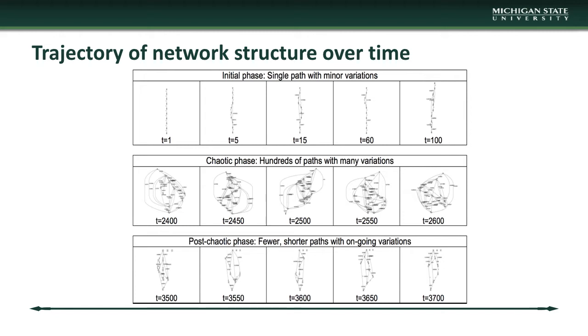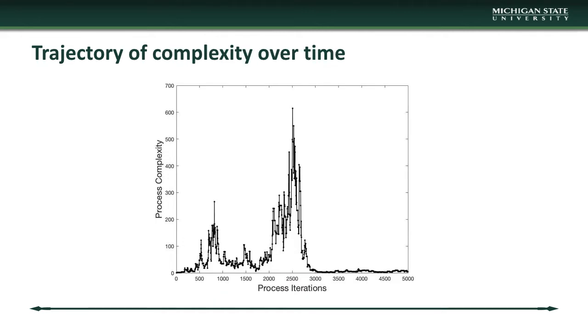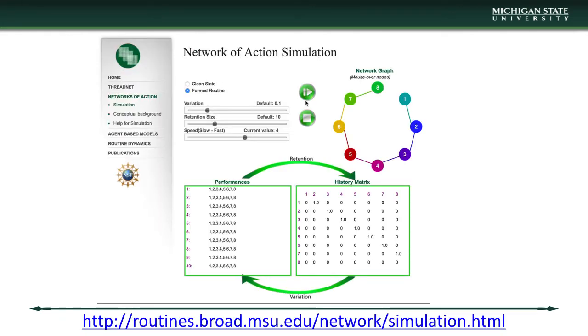In this particular simulation, we were interested in tracking the complexity of these network structures over time. And what's interesting is that, just through endogenous change, you can get dramatic changes in complexity. It's really quite remarkable. If you want to play around with this yourself, you can go to the website here. It's routines.broad.msu.edu, and there's a simulation there.